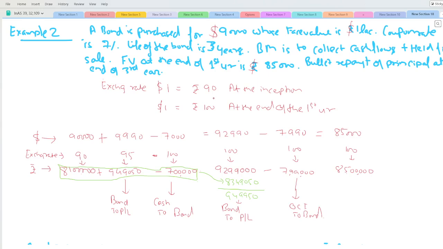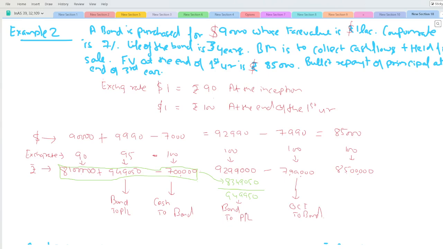So when you are being more and more cautious on the FX rate, you will start saying it in the way in which I am telling you, it is appreciated. So this amount minus this is the bond to P&L.